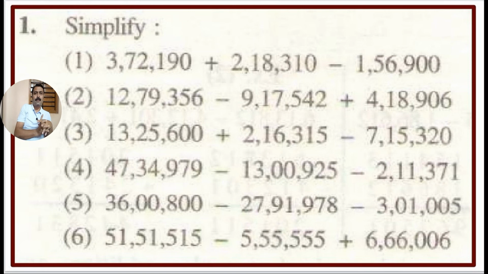Second example: 12,79,356 minus 9,17,542 plus 4,18,906. Third example: 13,25,600 plus 2,16,315 minus 7,15,320.